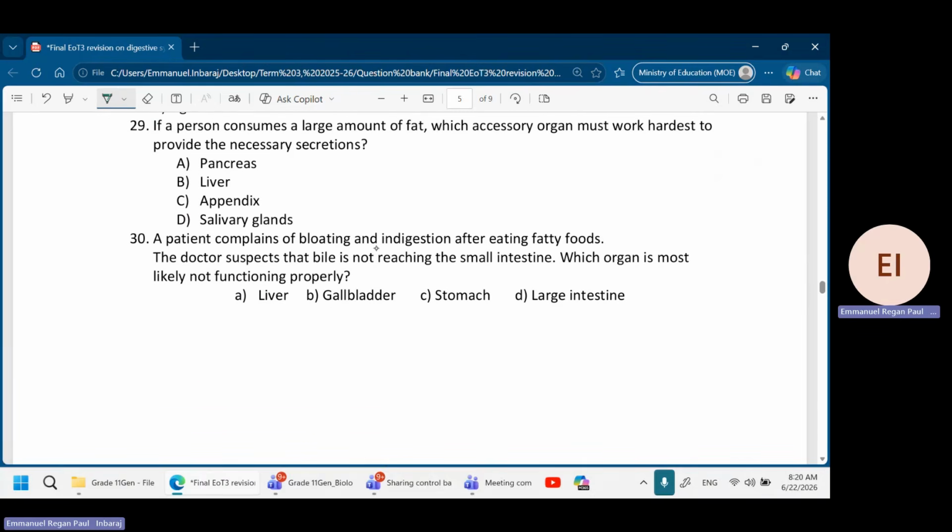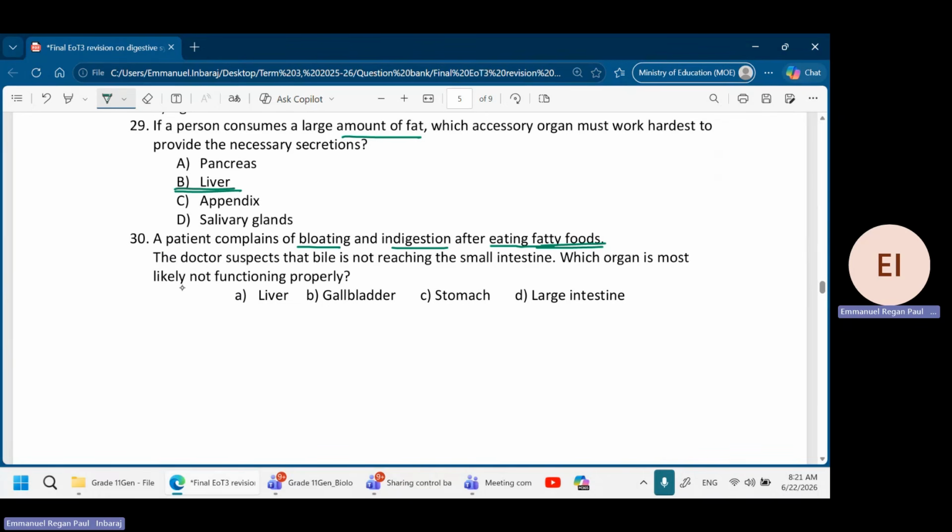If a person consumes a large amount of fat, which accessory organ must work hard? You know it's the liver, because that secretes bile. A patient complains of bloating and indigestion after eating fatty foods. The doctor suspects that bile is not reaching the small intestine.